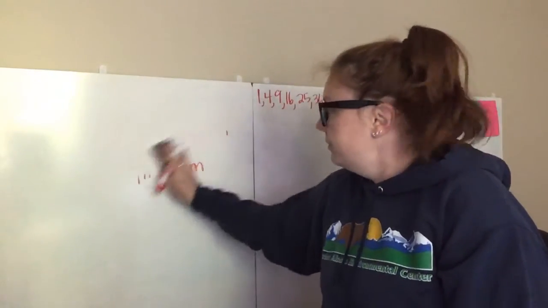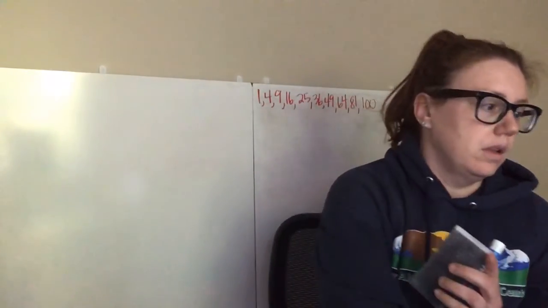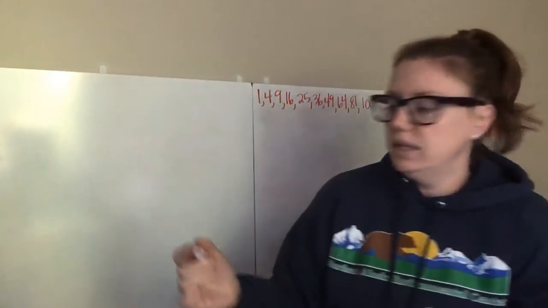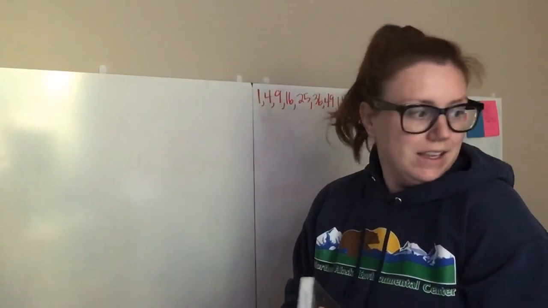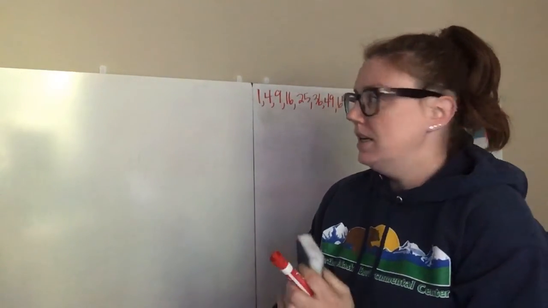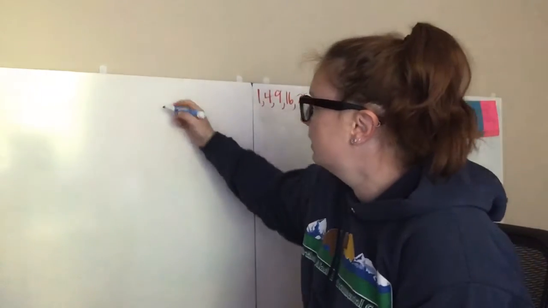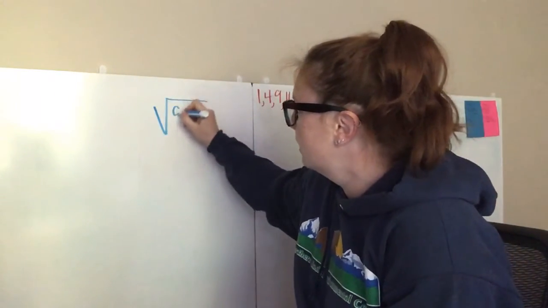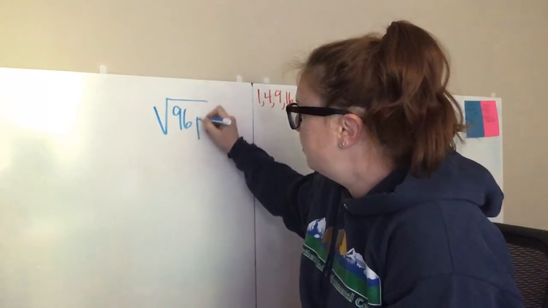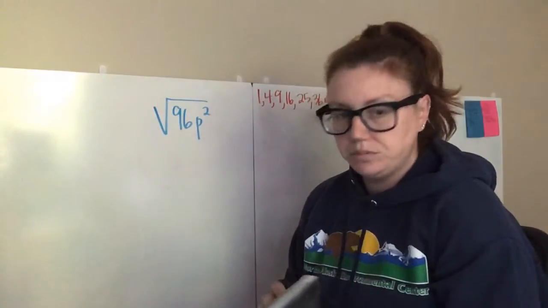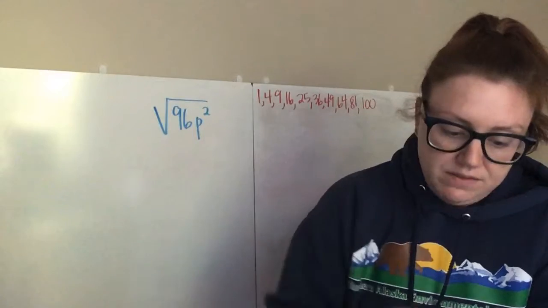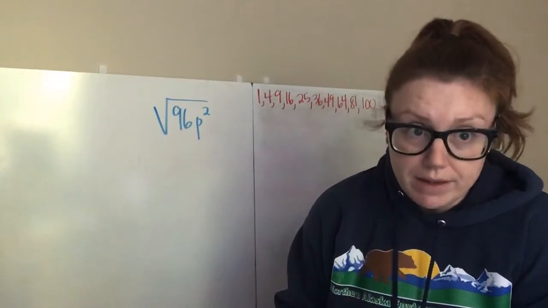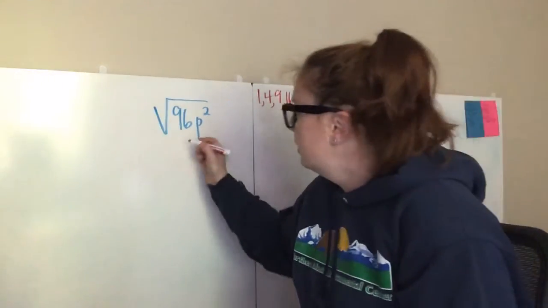So let's do another one. Let me switch my colors back. Let's do the square root of 96 p squared. So again, I'm going to look on my factor squares at the factors of 96. There are a lot of them, so let's write them all down.